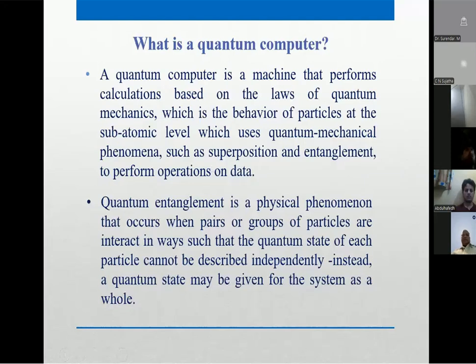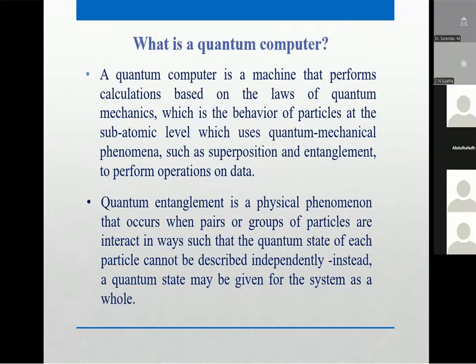So we'll go into a definition of quantum computer. A quantum computer is a machine that performs calculations based on the laws of quantum mechanics, which is the behavior of particles at the subatomic level, and uses quantum mechanical phenomena such as superposition and entanglement to perform operations on data.